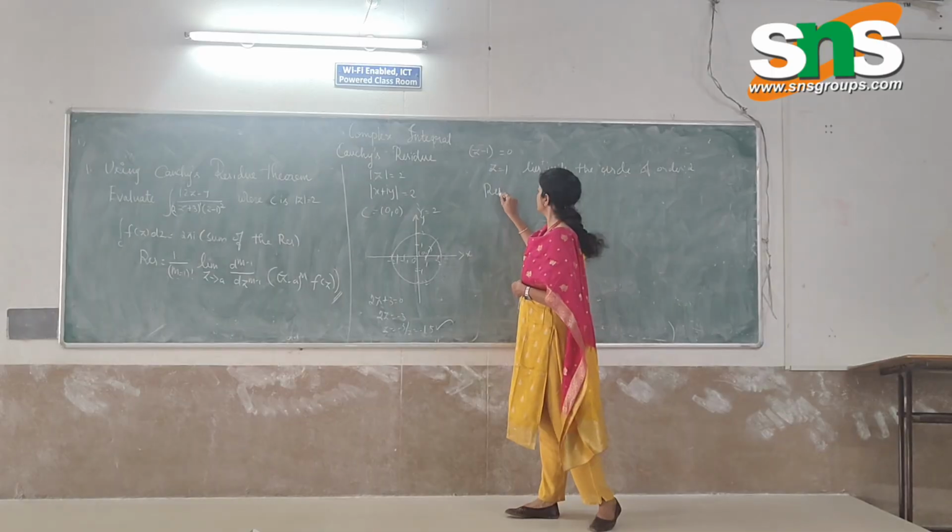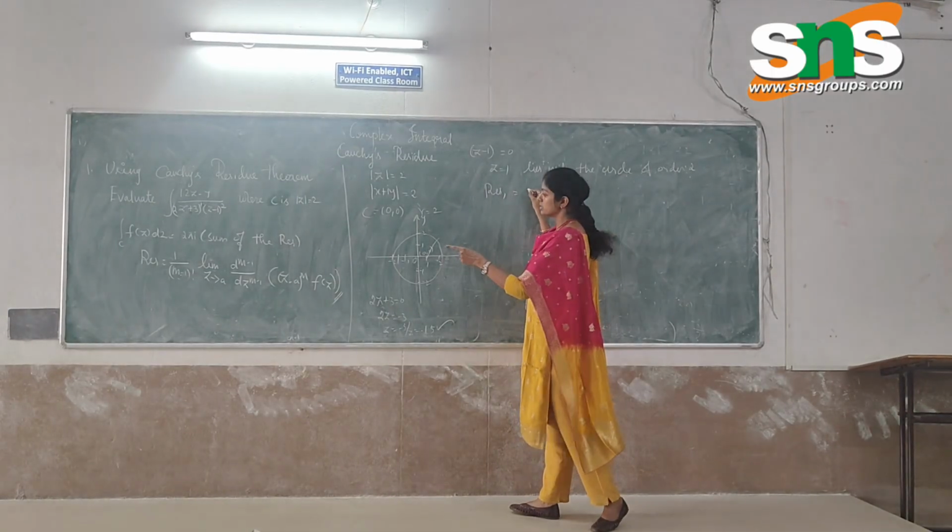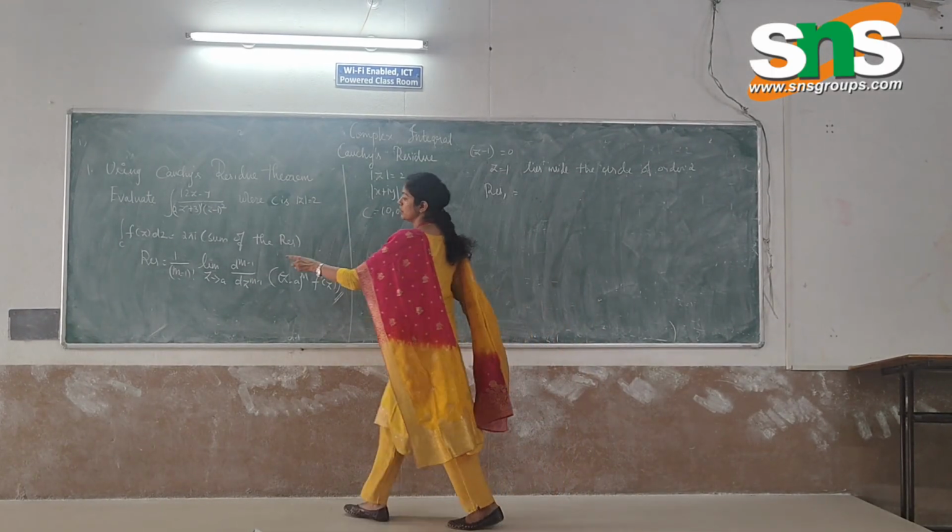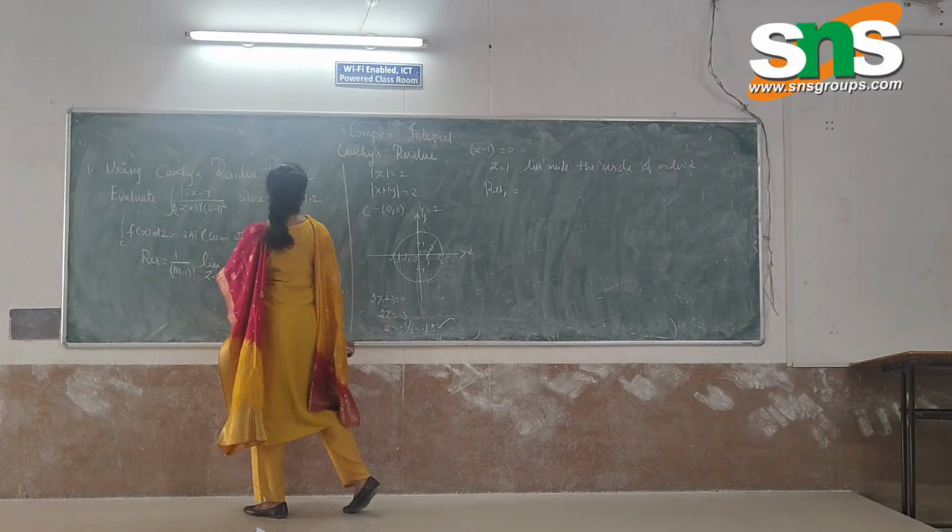First I am going to find residue 1. What is the formula? 1 by (m minus 1) factorial. The m value is 1 here.